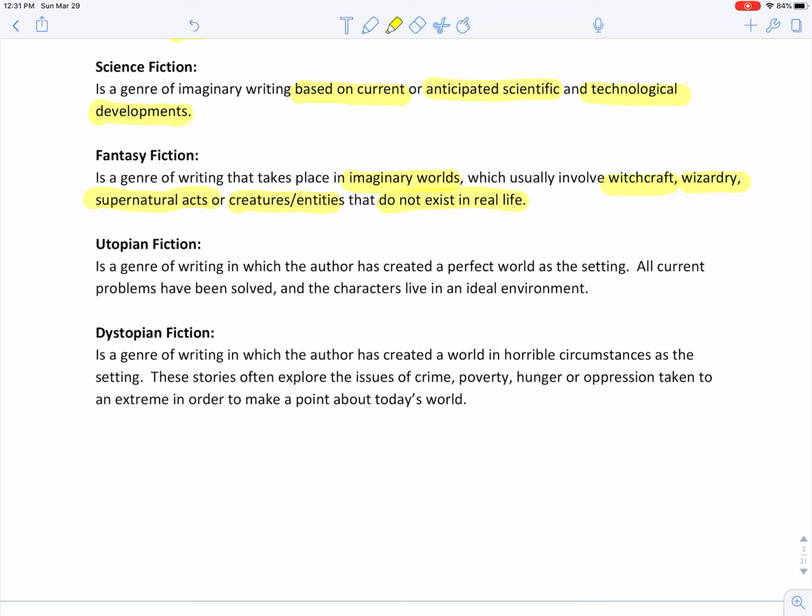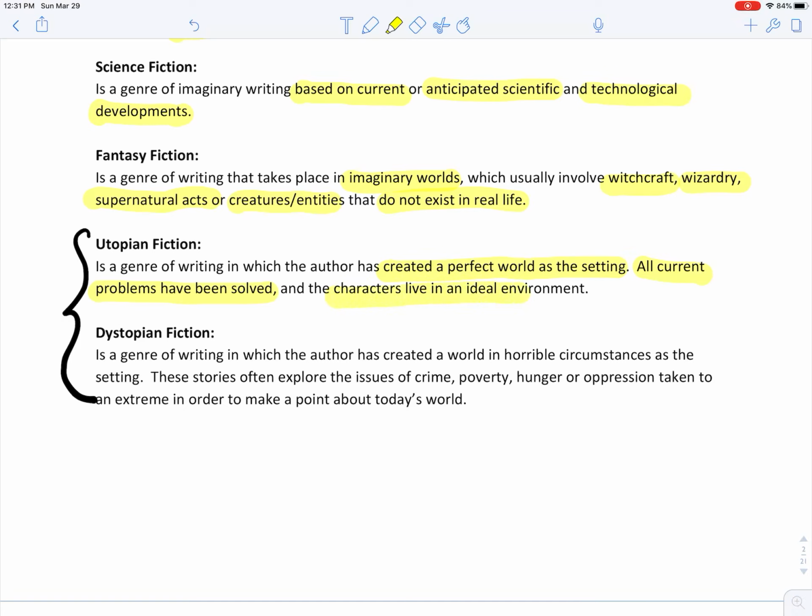Then we take a look at two genres that are very closely tied together, utopian and dystopian fiction. Utopian fiction is a writing in which the author has created a perfect world as the setting. And all of our current societal problems have been solved.